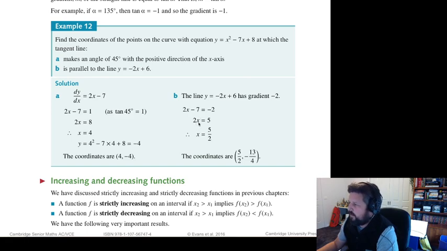We get 2x equals 5, and therefore x is equal to 5 over 2. You can substitute that back in over here. Remembering the reason it's parallel to the line y equals -2x plus 6 is they've got the same gradient there.